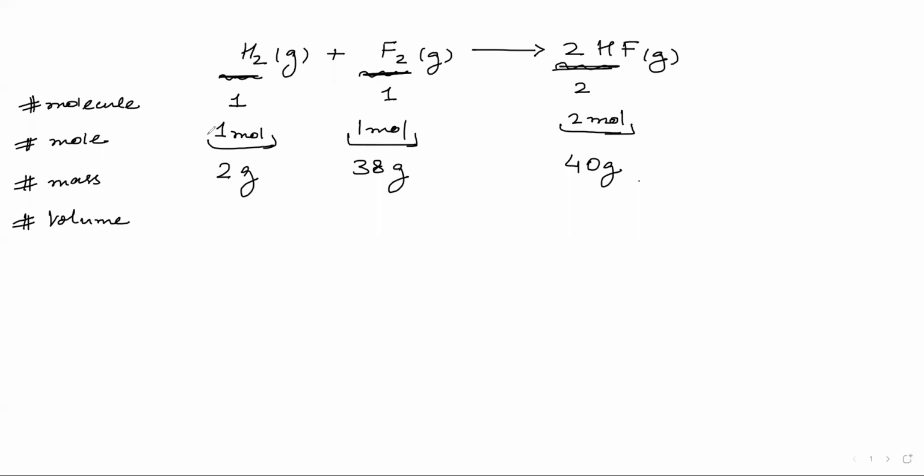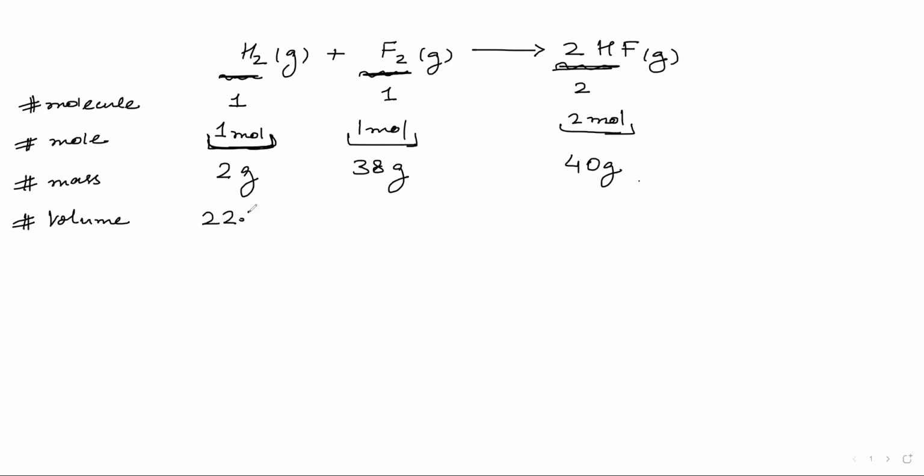Tell me, what will be the volume of 1 mole of hydrogen gas? 1 mole of hydrogen gas, Muhammad Umar. Sir, could you repeat the question? Okay, what will be the volume of 1 mole of hydrogen gas? One divided by 22.4 liter. What are you saying? No. The volume will be 22.4.